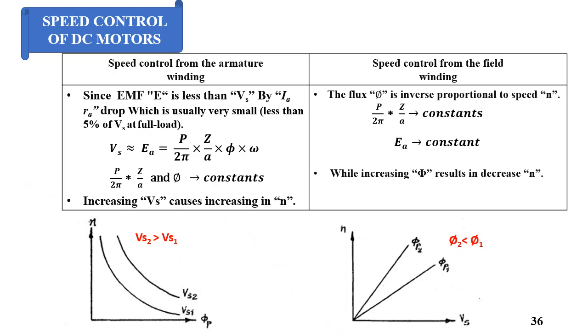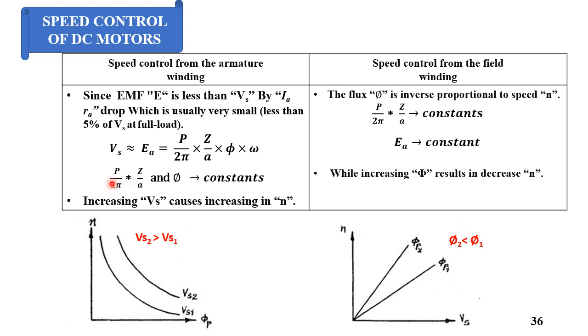The speed control of DC motors we have seen before. The first type is armature voltage control. We have E less than Vs by the IA RA drop, which is usually very small, less than 5%. Then Vs is approximately E, which is P divided by 2 pi times Z over A, which is K, times phi times omega.